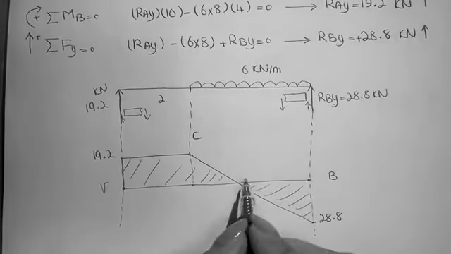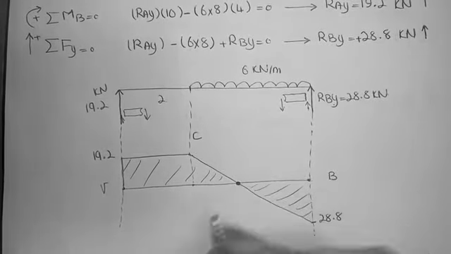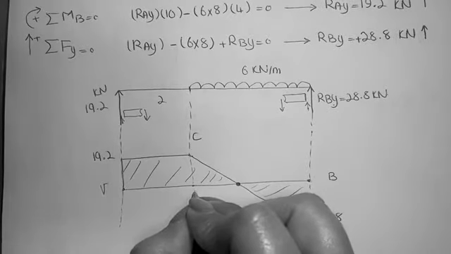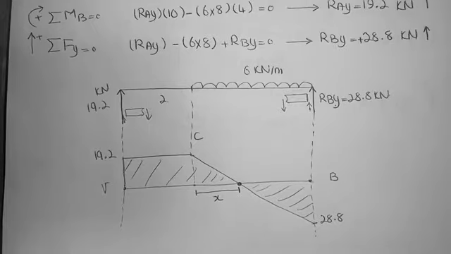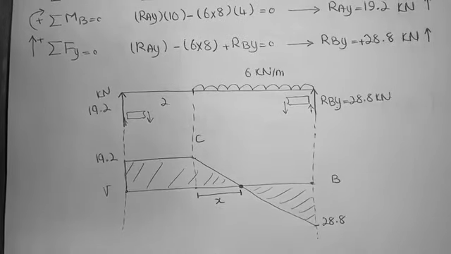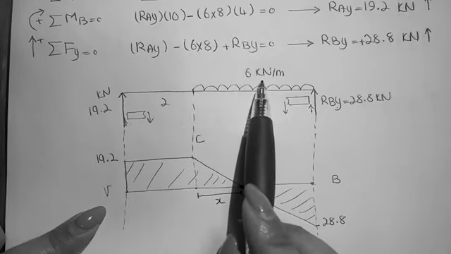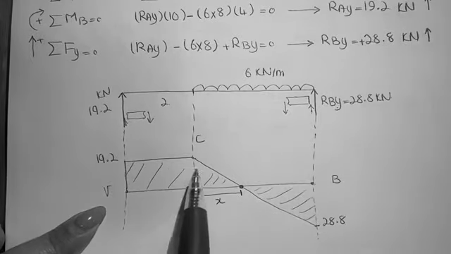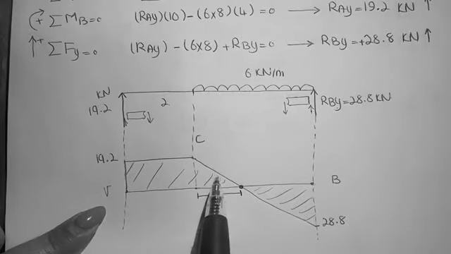You can see that here, at this point, zero shear situation occurs. So it can also be considered as a critical point. If I name this distance X, I'm interested to calculate this X. As I said, this 6 kilonewtons per meter means that for each meter you go ahead to the right hand side, you're going to decrease this shear by 6 kilonewtons.